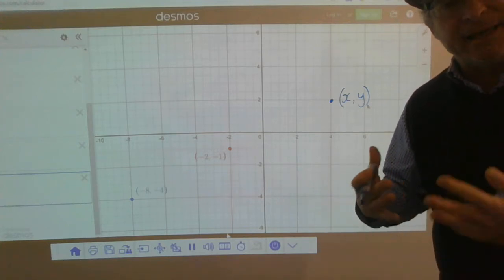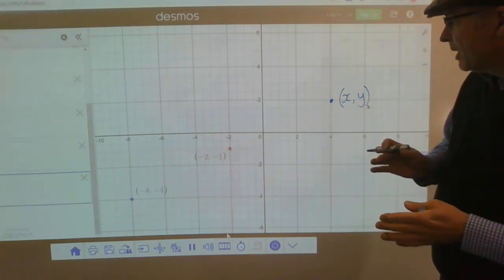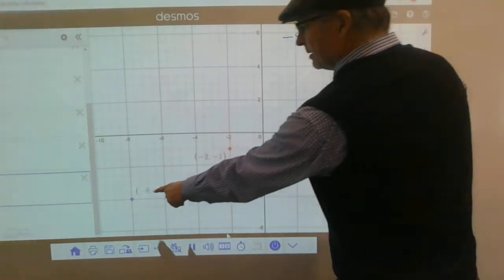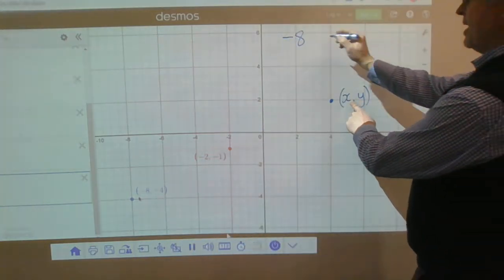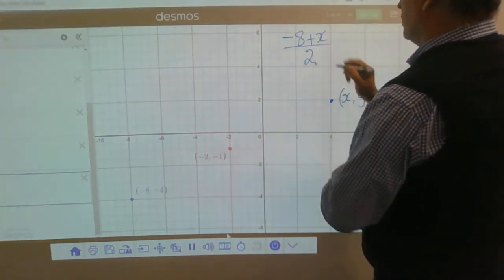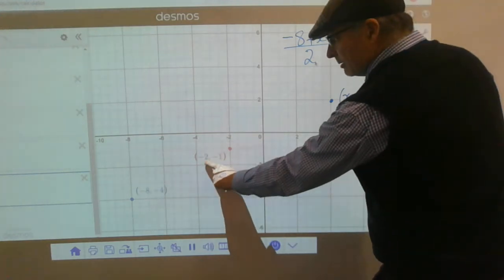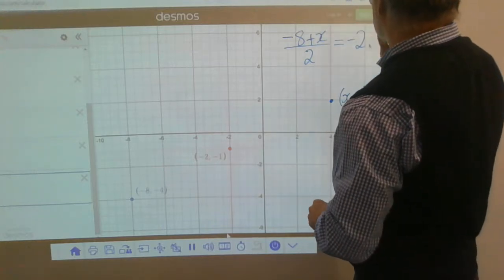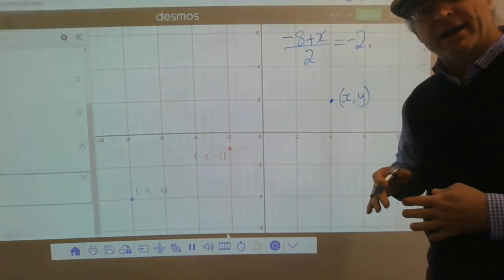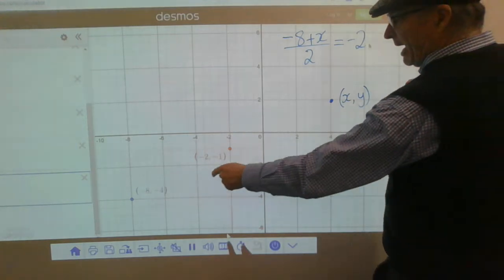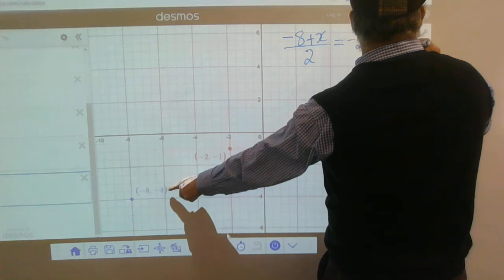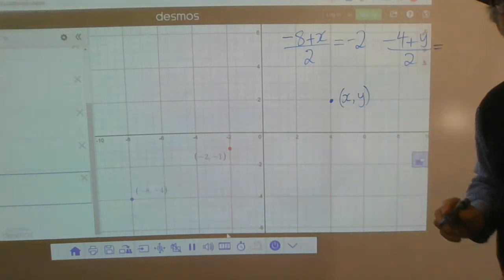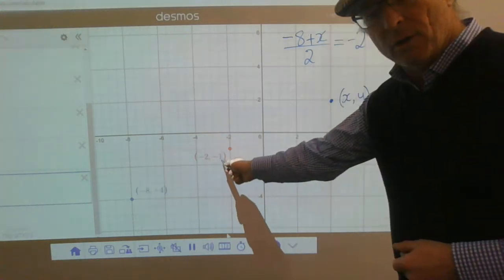Now, we know that if you average out the x parts, the -8 of that end point and the x of that end point, you are going to get the x part of the midpoint. And if you average out the y parts of the end points, -4 and y, you are going to get the y coordinate of the midpoint.